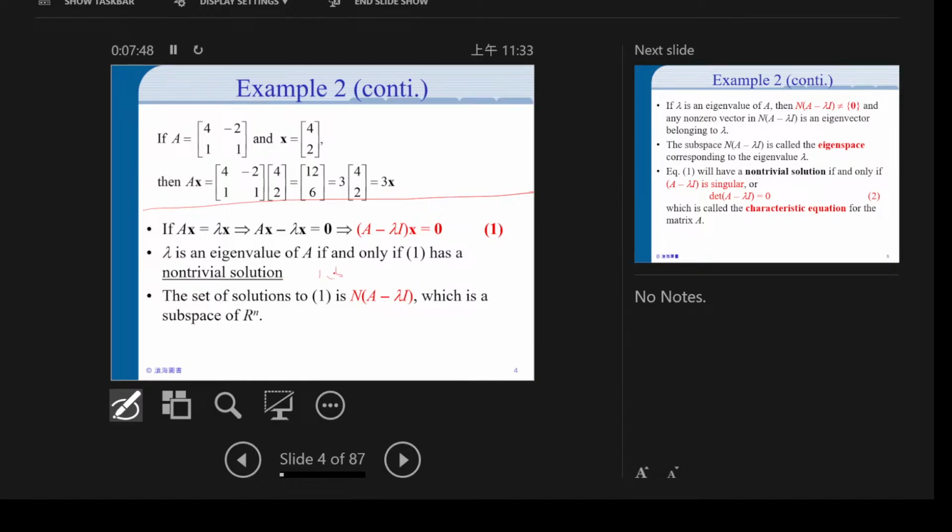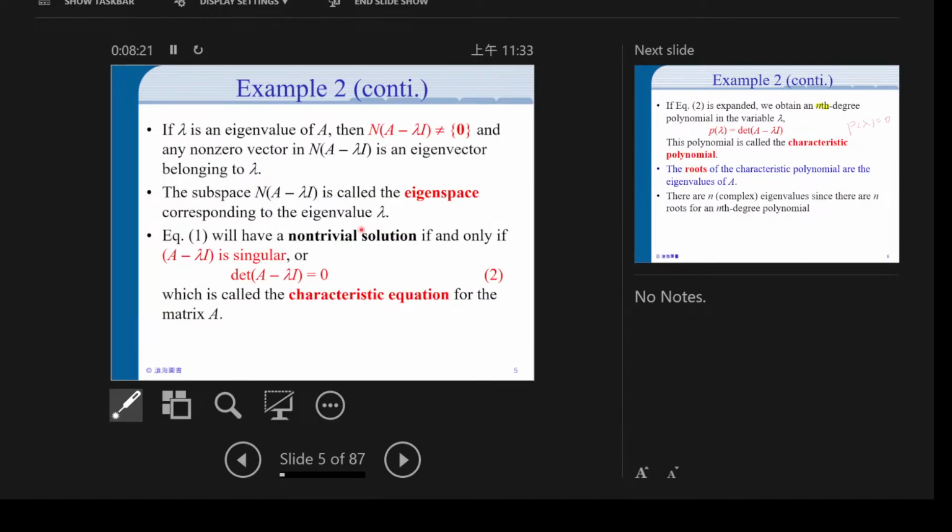This is theorem 1.5.2, and it says that this has a non-trivial solution if and only if this matrix is singular, which means that this eigenvector is in the null space of A minus lambda I.